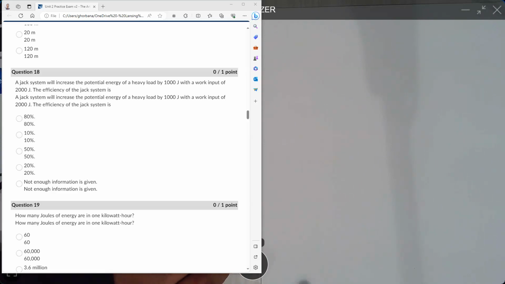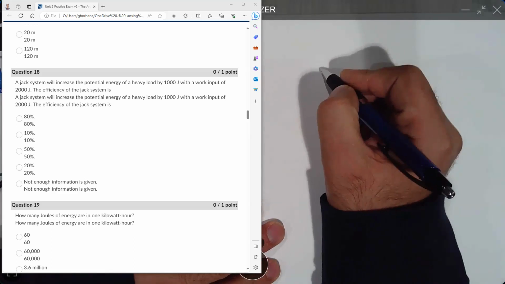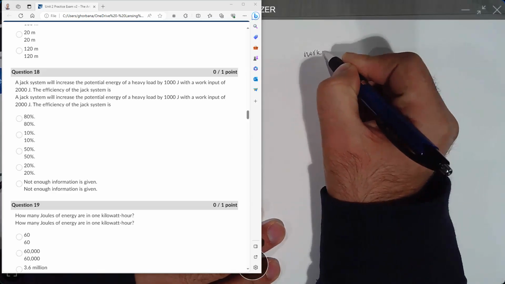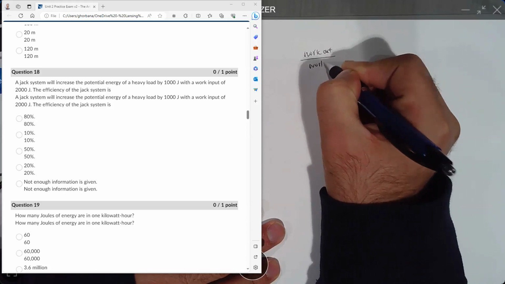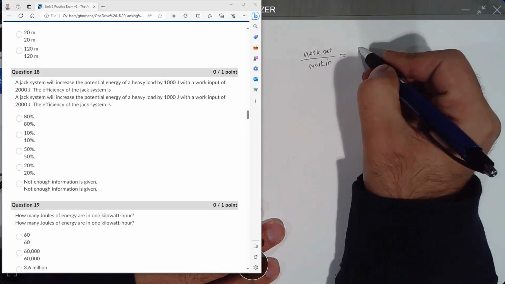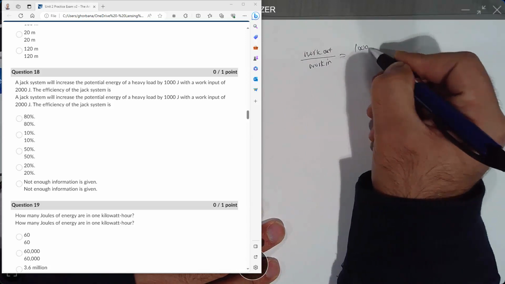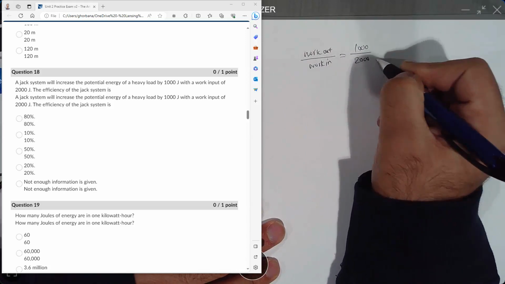Work out is 1000 joule, work in is 2000 joule.